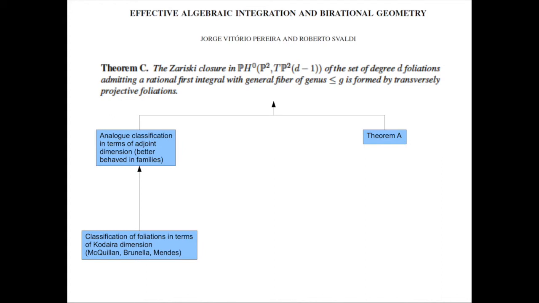And so this is done using the classification in terms of the Kodaira dimension, and we introduce another invariant which we call the adjoint dimension, which behaves much better than the Kodaira dimension in families, because that's our problem, it's a problem about families. And doing Noetherian induction and using theorem A, we can prove this result. Okay?